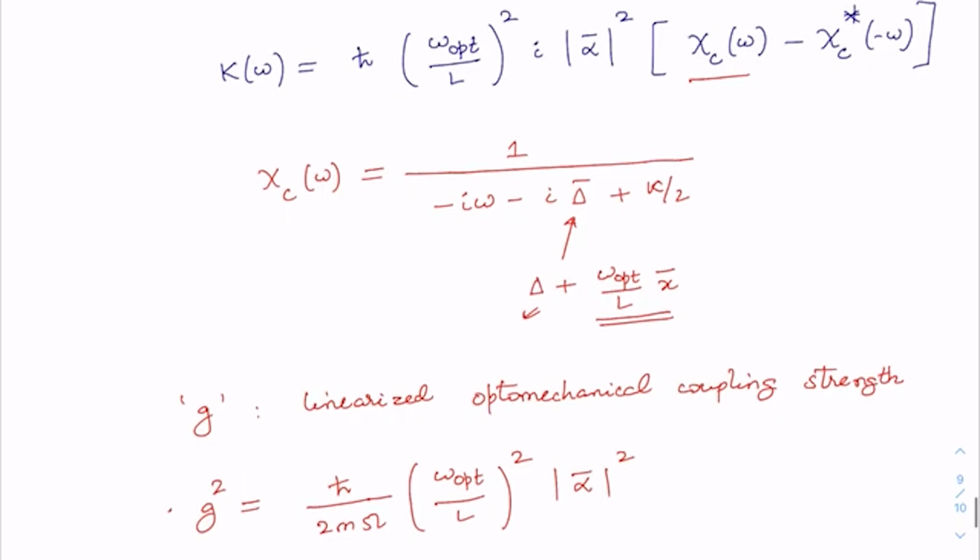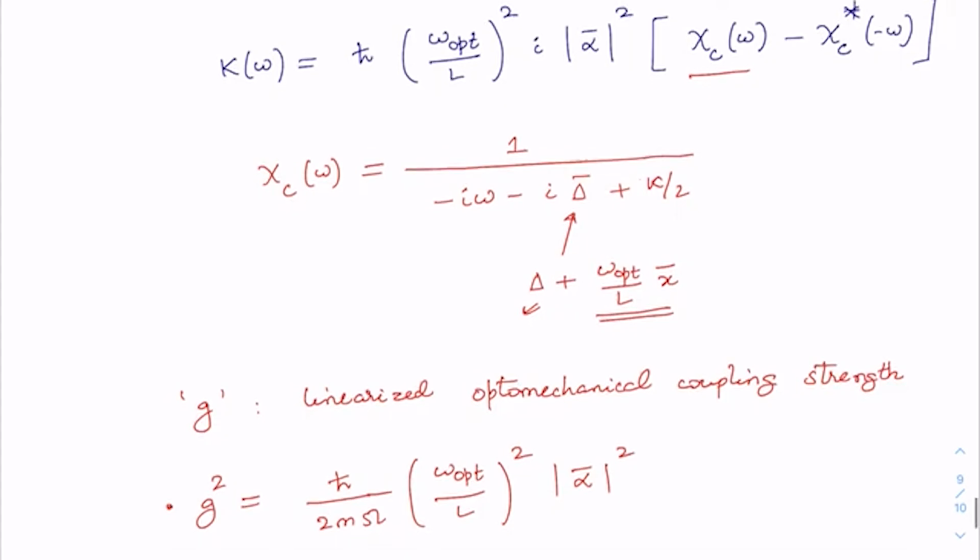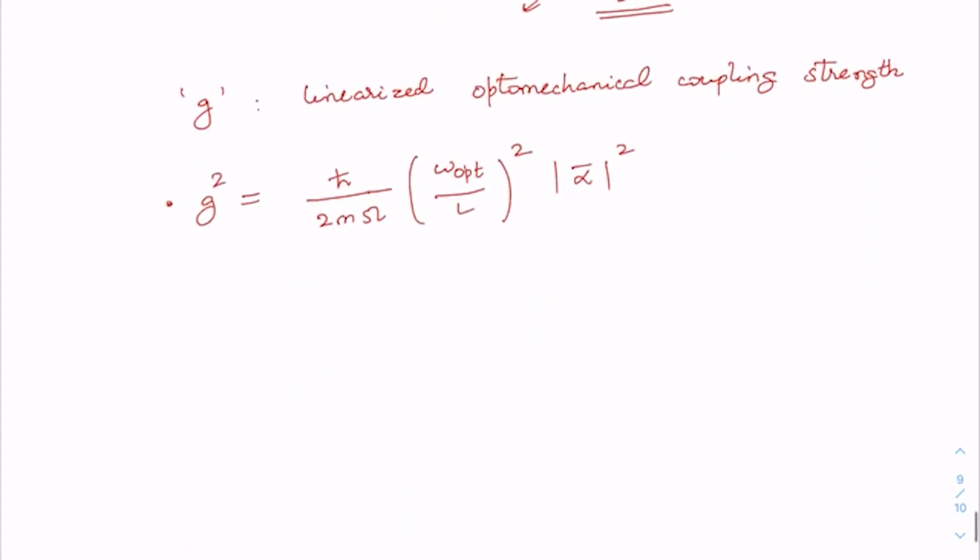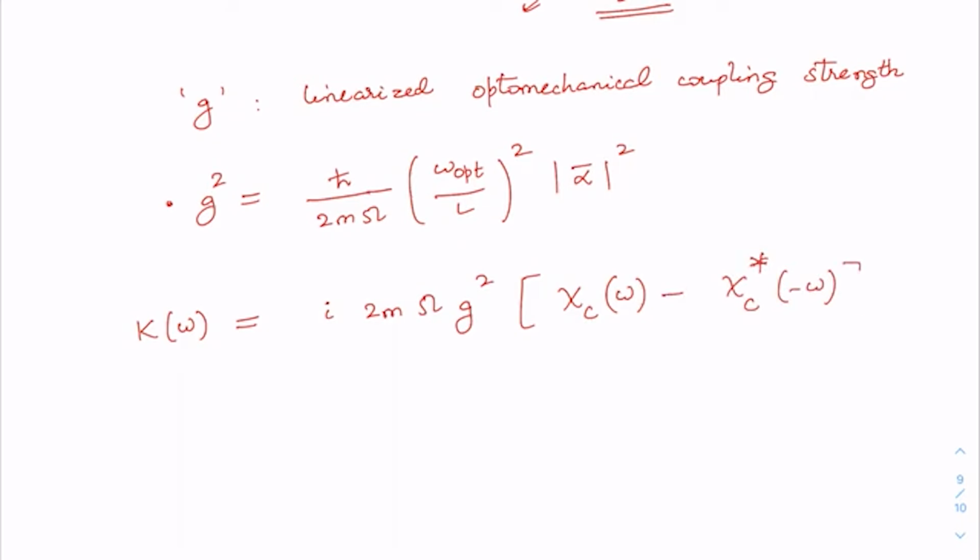Using this linearized optomechanical coupling strength z, we can rewrite the expression for this capital K of omega as follows. That would be i into twice m omega z square times chi c, the cavity susceptibility evaluated at frequency omega, minus its complex conjugate evaluated at frequency minus omega.